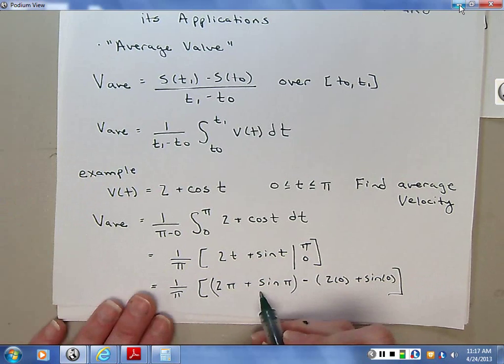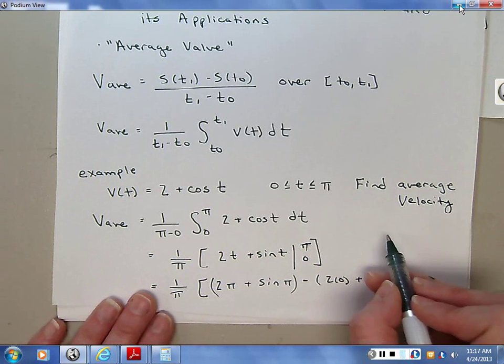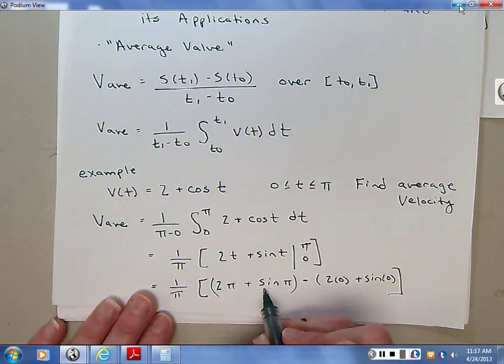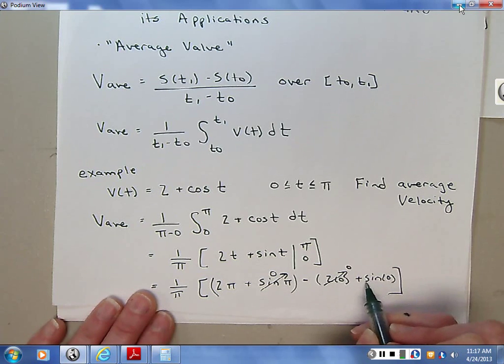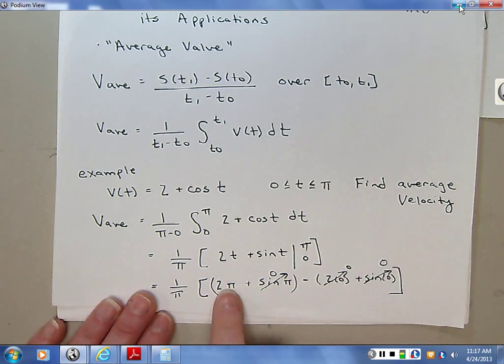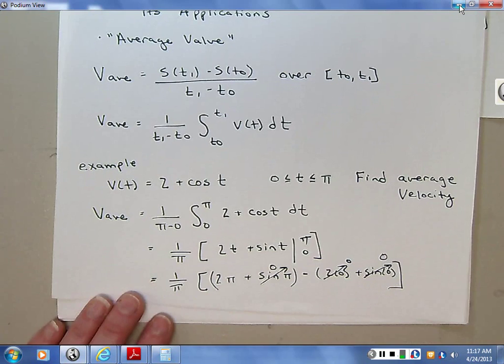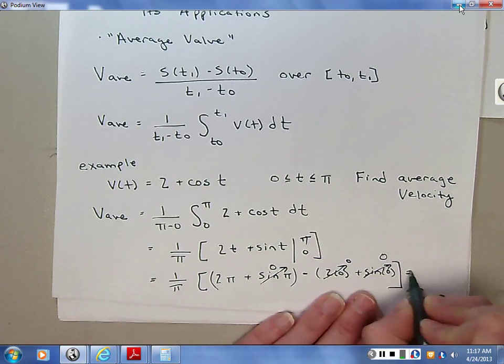Sine of pi? 0. Cosine of pi is 1. No, cosine of pi is minus 1. Sine of pi is 0. 2 times 0 is 0. And sine of 0 is 0. So we get 2 pi divided by pi, which is 2, right?